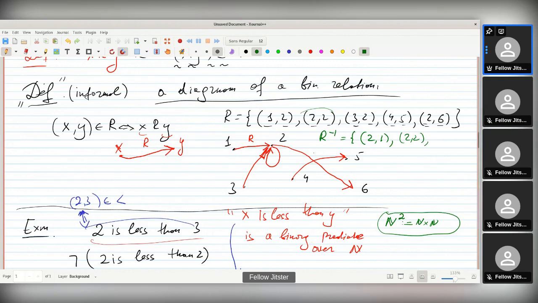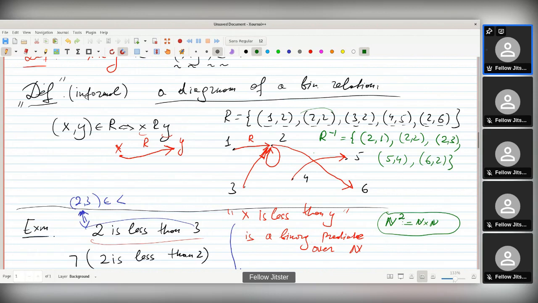This pair is invariant for this operation. It won't change. 3, 2 is transformed into 2, 3. 4, 5 into 5, 4. And here I would obtain 6, 2.